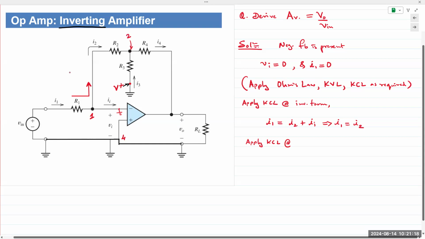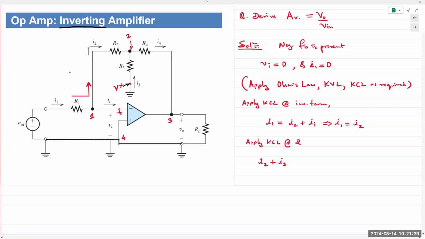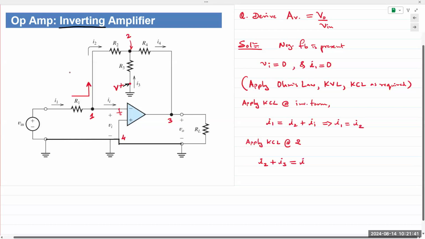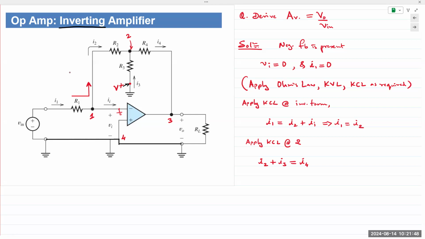I'll call this 2, and the output node as 3. Apply KCL at node 2. Then I can write I2 plus I3, 2 currents entering and 1 current leaving. I2 plus I3 is equal to I4. Those are the initial things that I can see in the circuit.